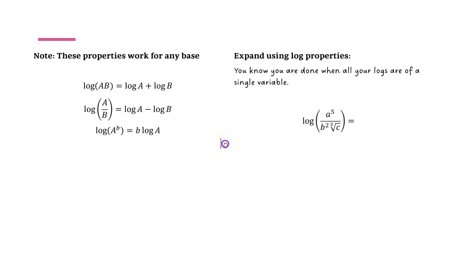Be log of a to the 5th minus all of this, log of b squared cube root of c. And I can split this up because when I squint at this, it looks like multiplication.